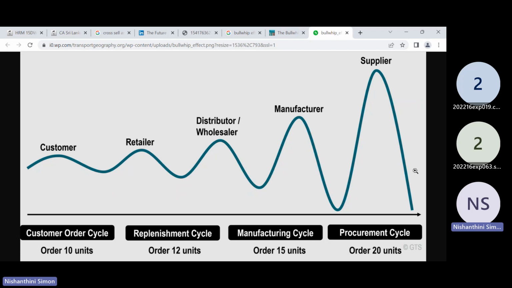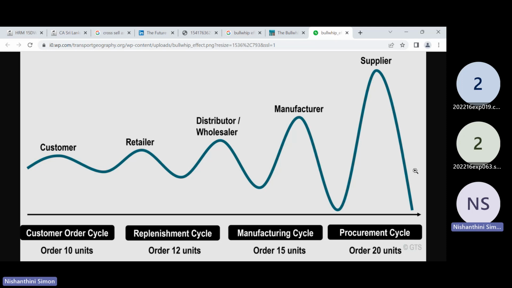So what may happen, maybe the customer is ordering 10 units. So the customer is coming and purchasing 10 units. Then what will happen? The retailer, so we are talking about the end customer. In between, the retailer thinks, okay, in case of emergencies I will keep 2 more, I will order 2. So the customer came with 10, but the retailer is going to order 12 from the wholesaler.